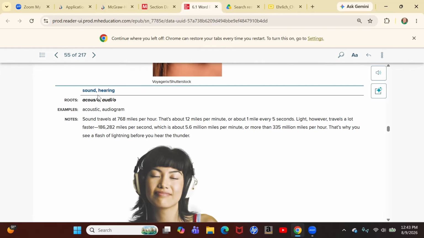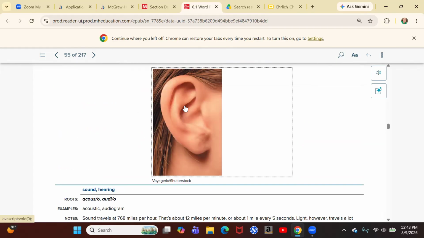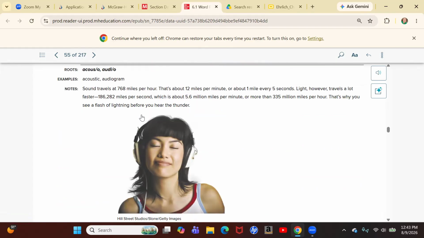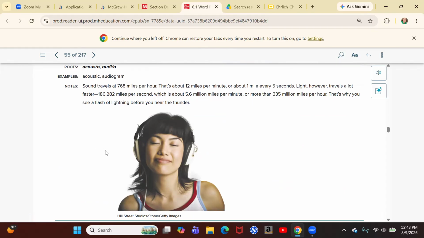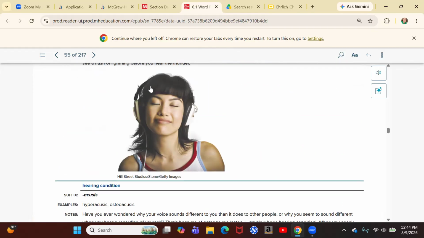When we talk about sound and hearing, so not necessarily the anatomy of the ear, but the process of hearing and the actual sound wave, that is acousto or audio. So acoustics, pertaining to sound, or an audiogram, a recording of sound, which we all love to do.